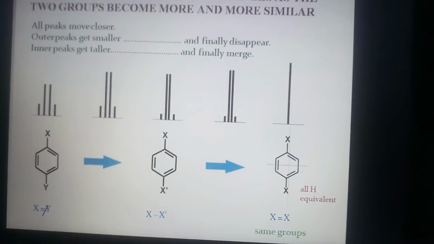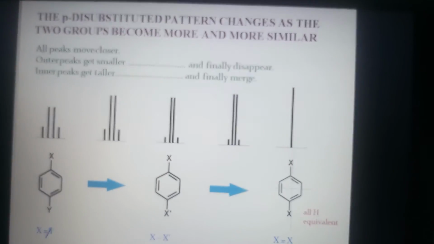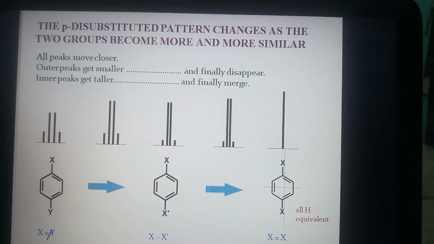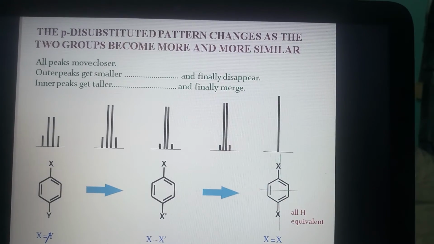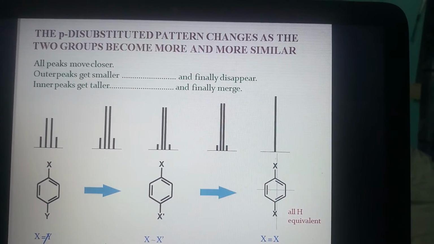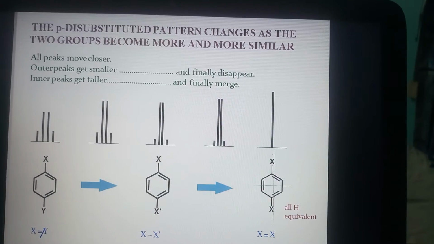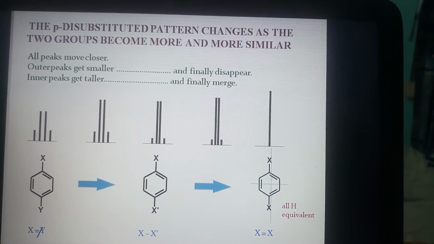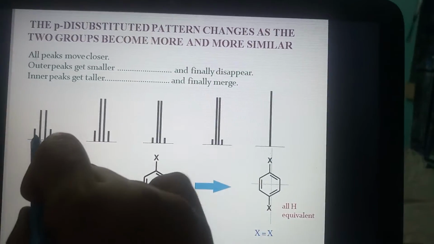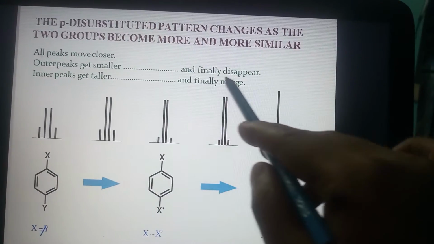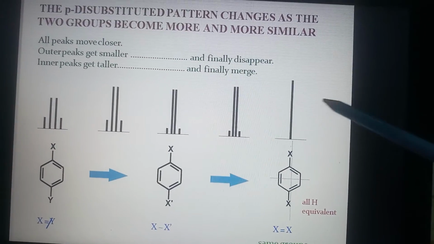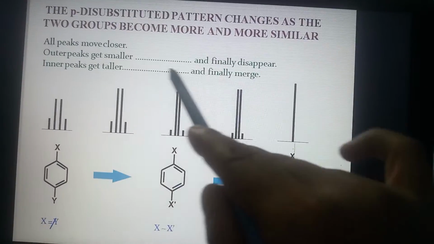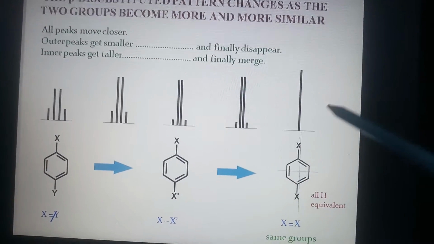Now, the disubstituted pattern changes as the two groups become more and more similar. All peaks move closer, outer peaks get smaller and finally disappear. Inner peaks get taller and finally merge.